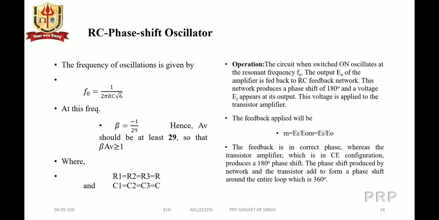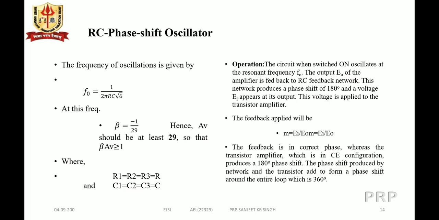So at this frequency, the feedback factor required, beta, is minus 1 by 29. Hence AV should be at least 29. The open loop gain of the amplifier should be 29, so that the product of beta times amplifier gain, that is the feedback gain, is greater than 1.